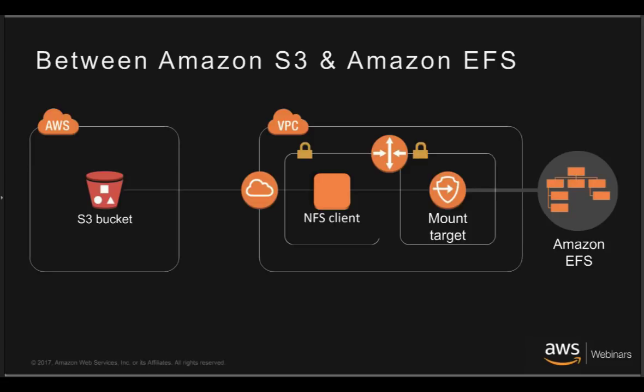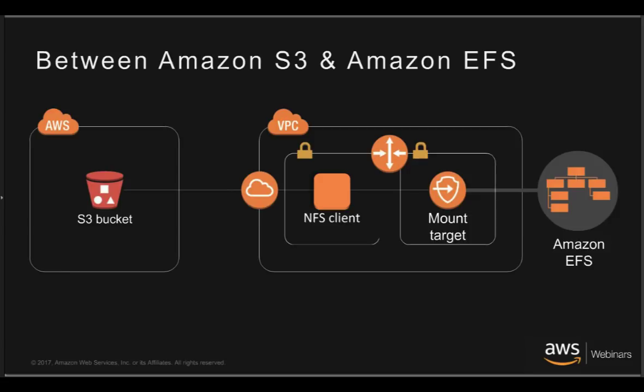So another use case we talked about was migrating data, or moving data, from Amazon S3 to Amazon EFS. When you mount an EFS file system, one thing we recommend is that you use Linux kernel 4 and above and mount using NFS client 4.1. Use the default mount options for most of the modern kernels out there.